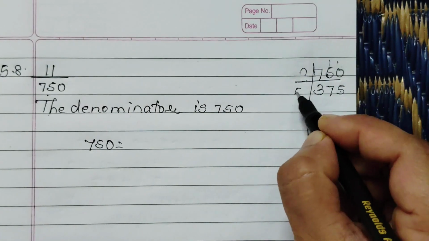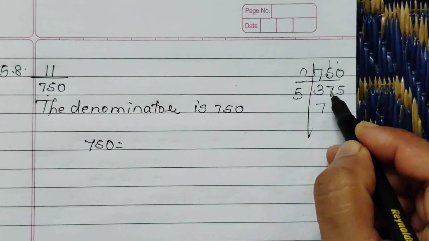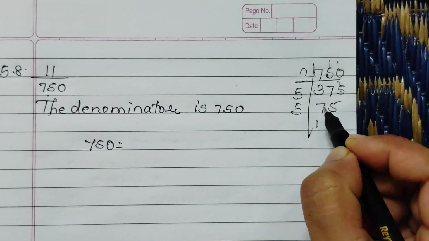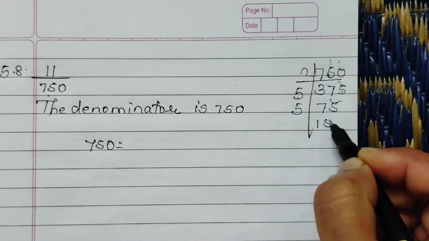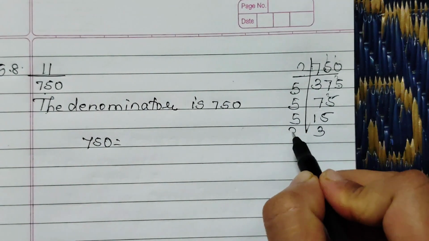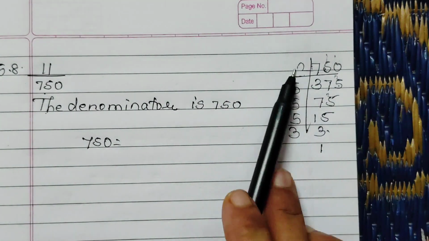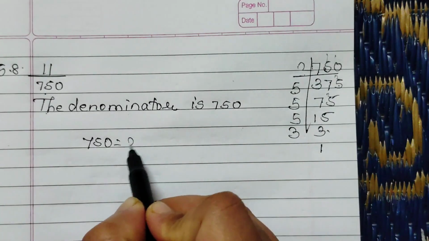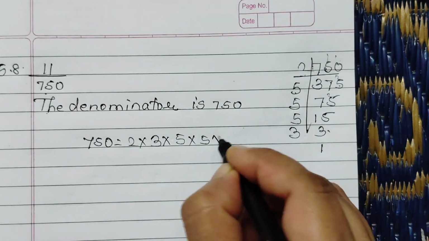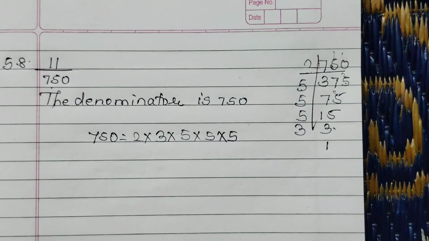The 5 table will now go. 5 7s are 35, 2 carry. 5 5s are 25. 5 1s are 5, 2 carry. 5 5s are 25. Then 5 3s are 15. 3 1s are 3. So what we got? 2, 5 and 3. So we'll write 2 into 3 into 5 into 5 into 5. These are the factors we got.